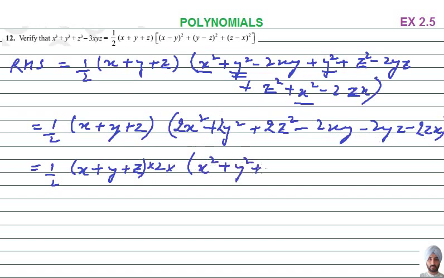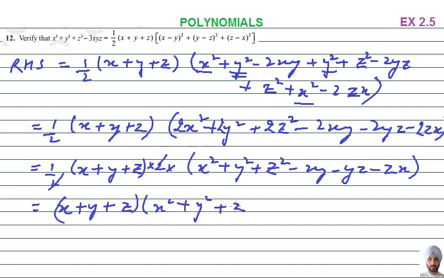So we are left with x square plus y square plus z square minus xy minus yz minus zx. This 2 and this 2 are going to cancel each other, so we are left with only x plus y plus z times x square plus y square plus z square minus xy minus yz minus zx.